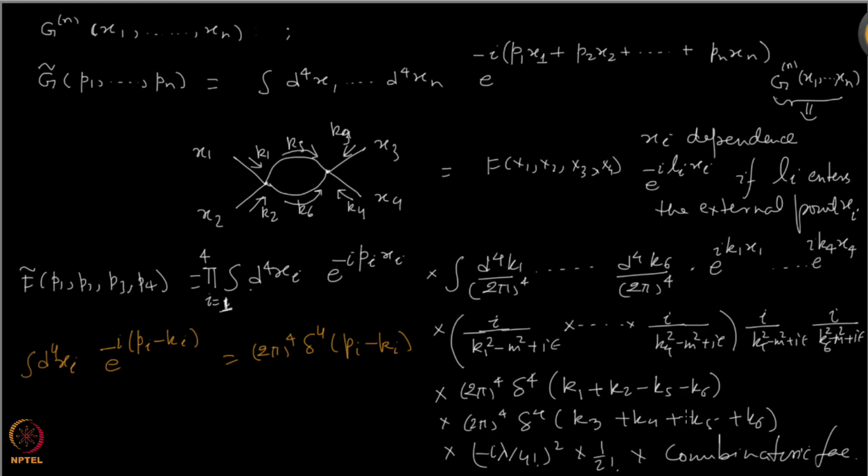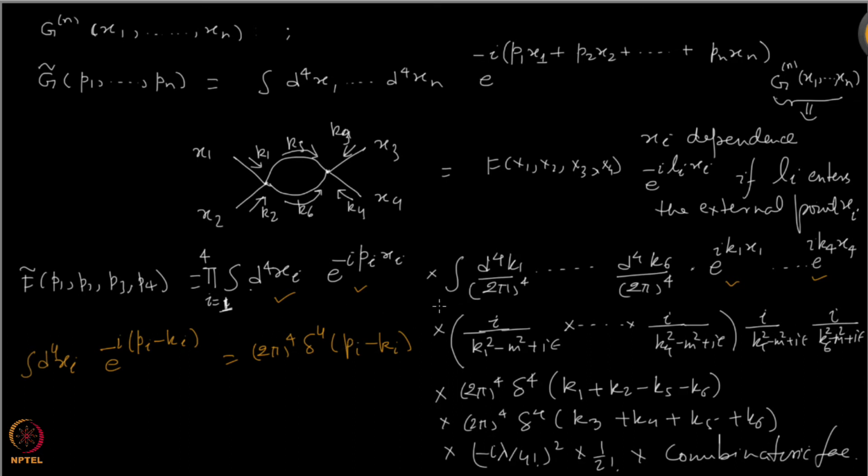So let's do that. So this will be gone, this will be gone, and these four factors will be gone, and they will leave behind these (2π)^4 delta^4s.